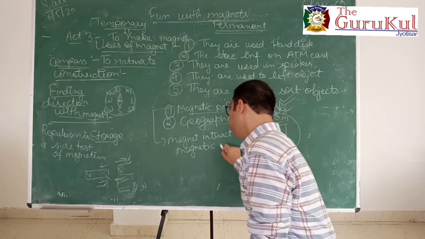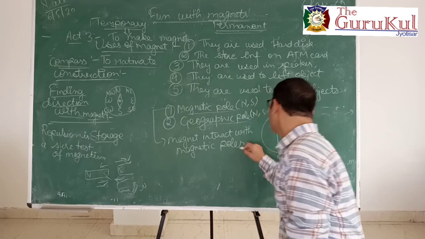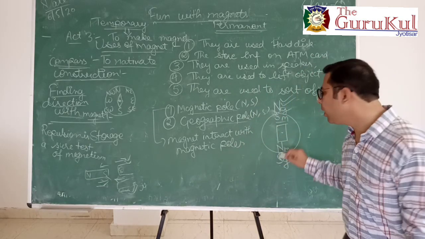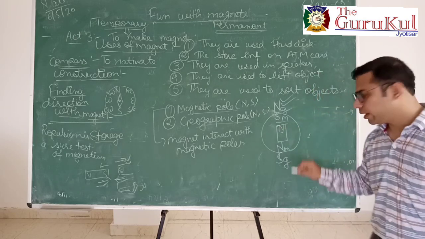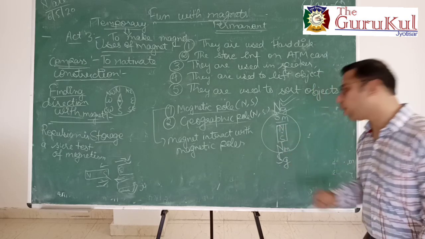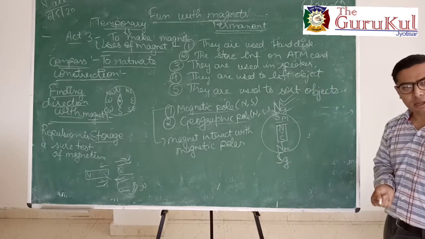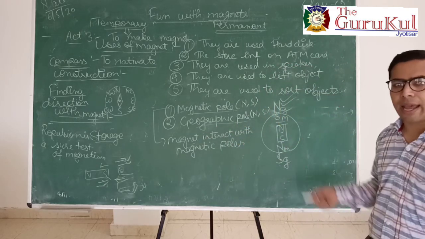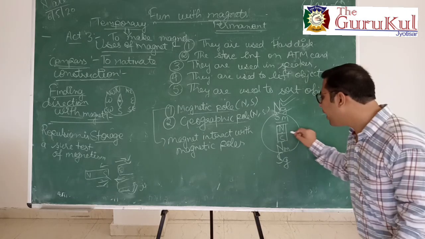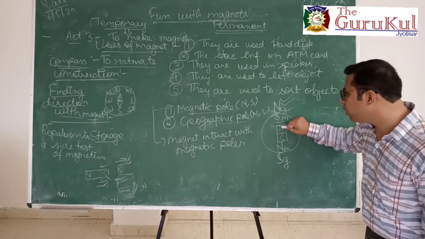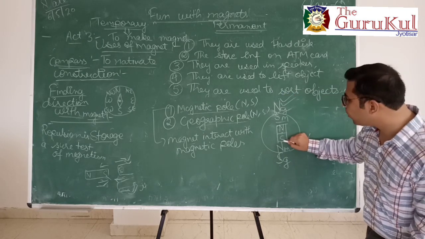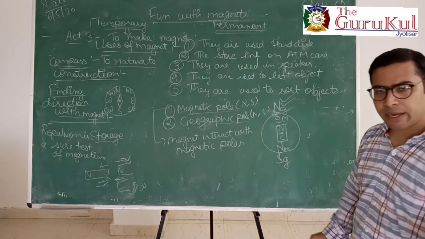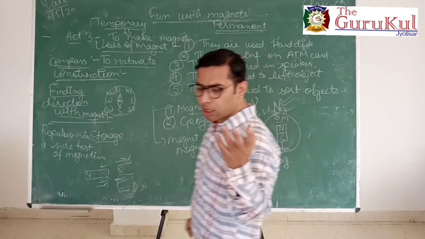As you know, the opposite pole will attract. So what you are seeing here is that the magnet will interact with the magnetic poles, and in this way the north pole of the magnet will tell you the north direction, and the south pole will tell you the south direction. So in this way the magnet helps us to find out direction.